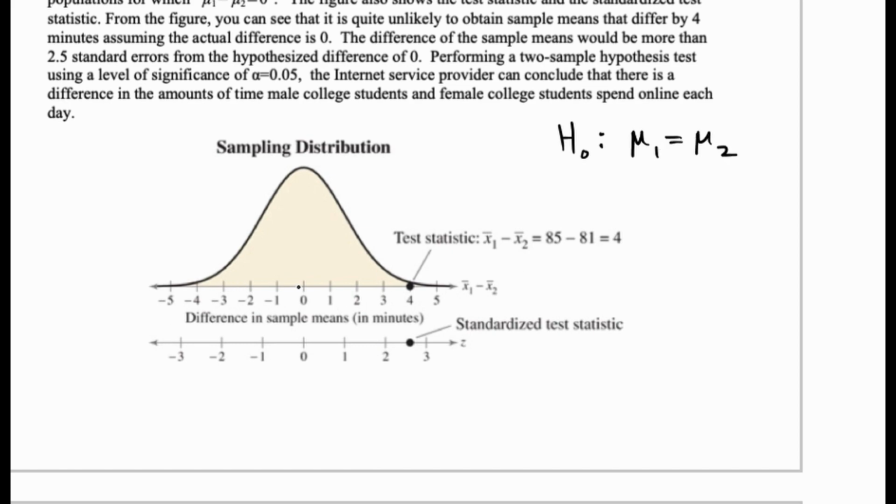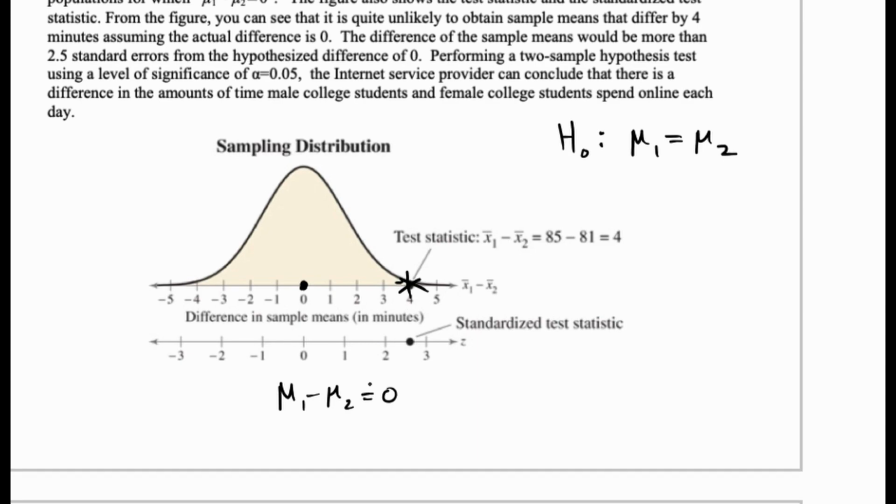And if that's the case, then we would be right here in the middle. That's where mu1 minus mu2 is assumed to be 0. But as you can see, their test statistic here came out quite a bit to the right of the mean. And that's what these tests are going to be about, is trying to show if that difference is significant or not.